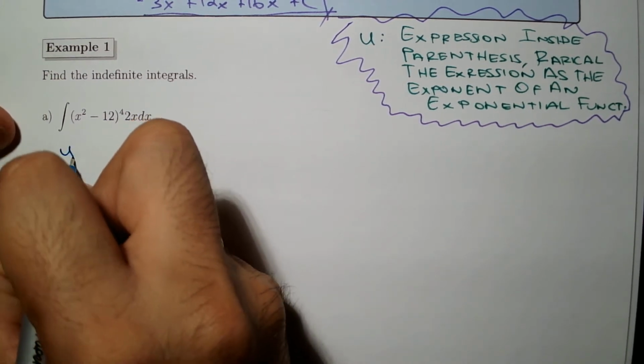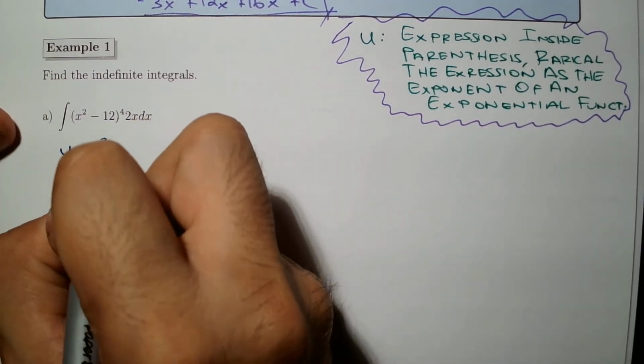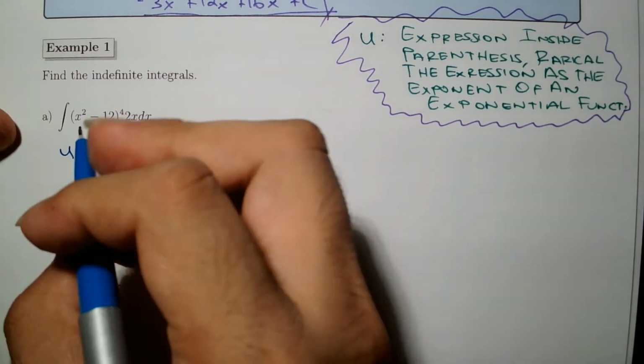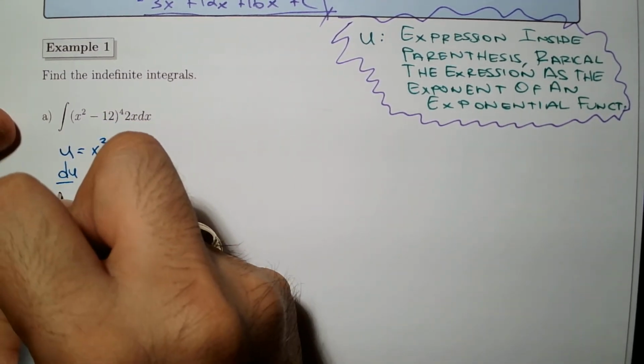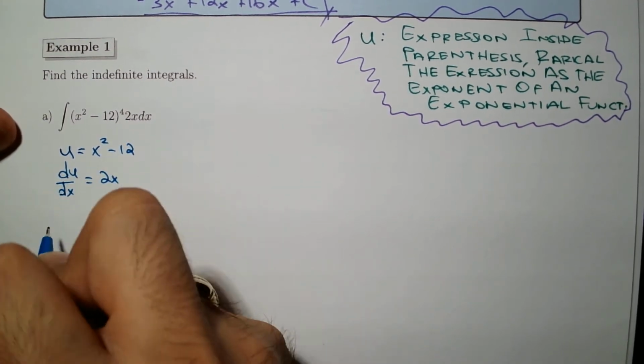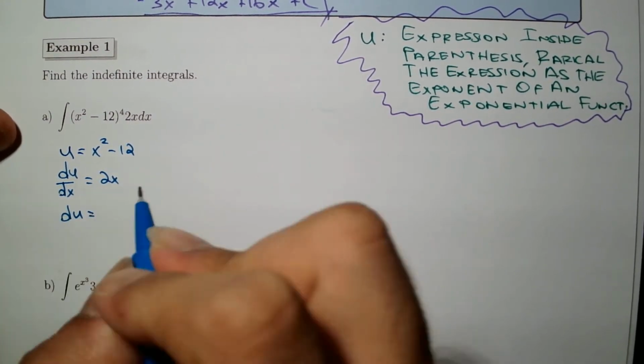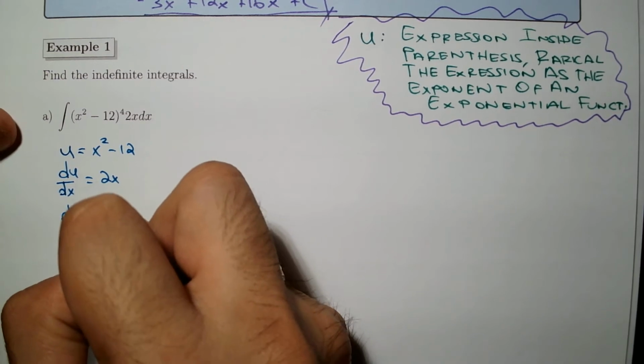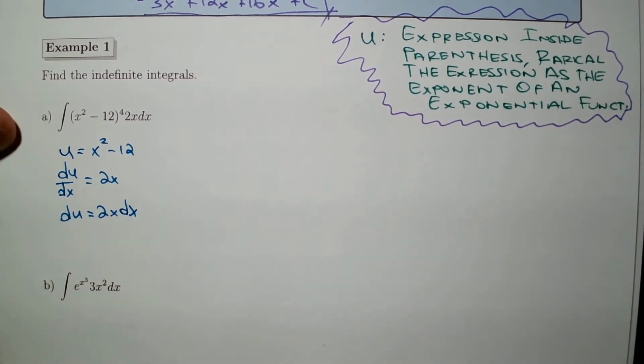So that is in a way a pattern that we need to recognize, as you will see throughout these examples. So in this case, u equals x squared minus 12. We need to find du dx, which is 2x, and then solve for du. 2x dx. So basically we are taking the differential as we learned last semester in first calculus semester.